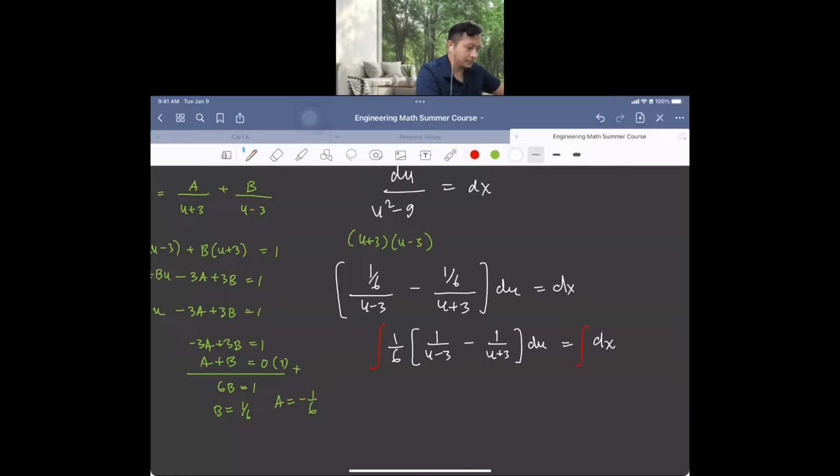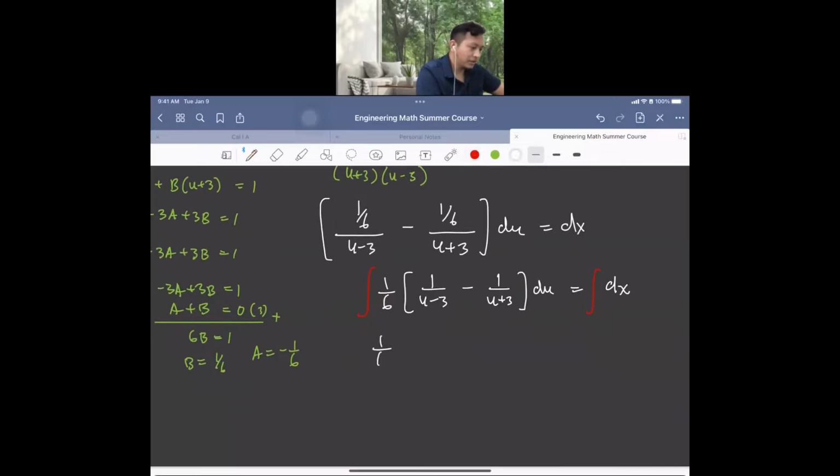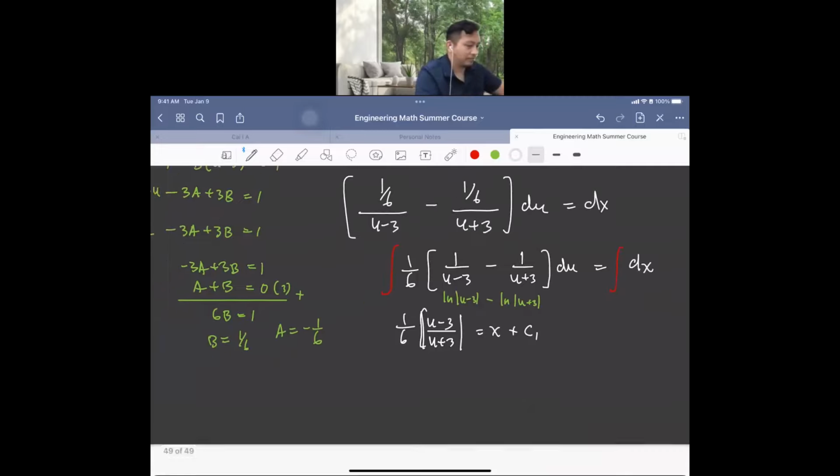I think we can integrate now. Integrate 1 over 6. This becomes ln, right? This is also ln. And we can combine this logarithmic. So u minus 3 divided by u plus 3, and equal x plus constant.